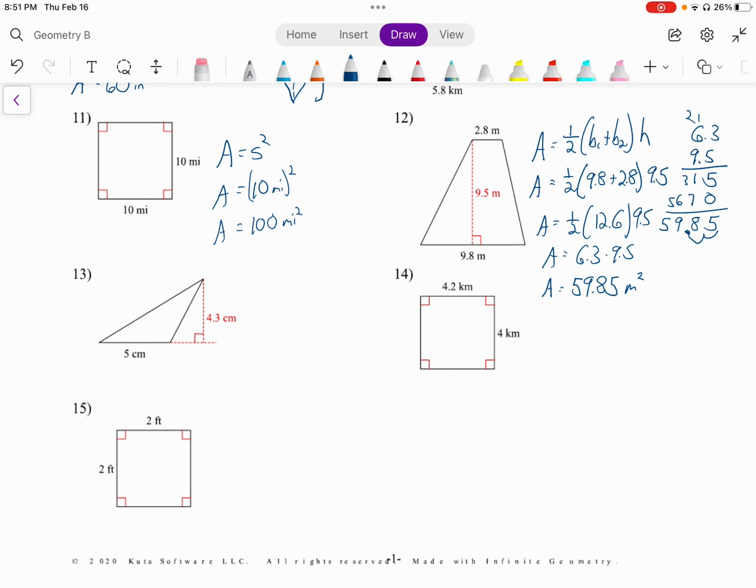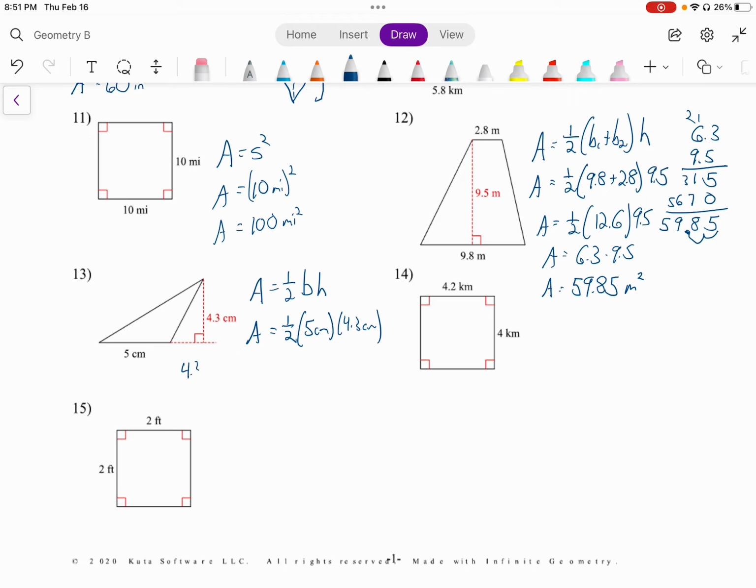Next one is a triangle. We know the area of our triangle is 1/2 base times height. Base and height are perpendicular, so 1/2 the base is the 5 centimeters, and the height is the 4.3 centimeters. This time I'm going to multiply 5 times 4.3 first, and then multiply by the half.